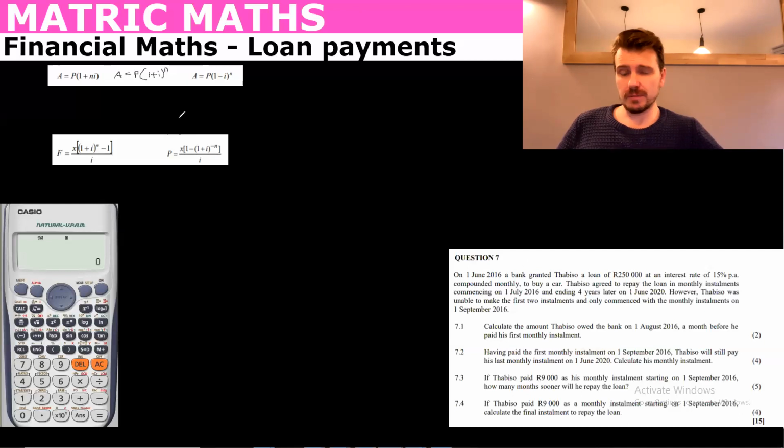So even though it's only 2 months in the future, it's still the future value formula. So what we must do is we must go to our formula sheet. Now, as I explained in the last video, these are the different formulas. I've left out one of the simple interest formulas. This here is the future value. This one here, future value of a loan.